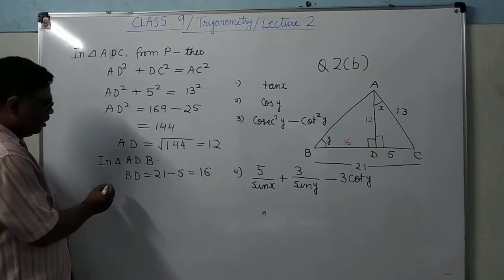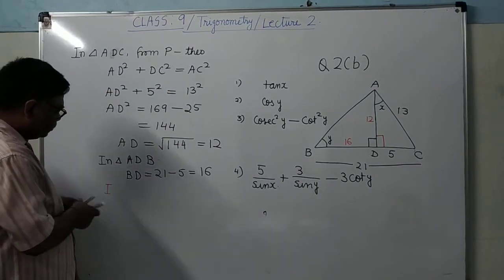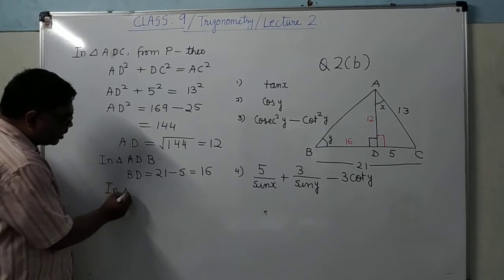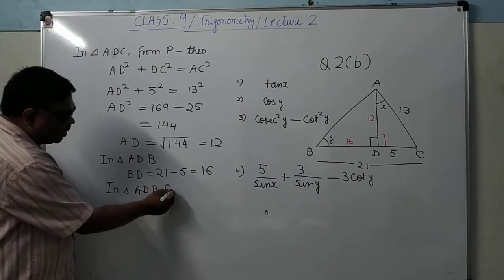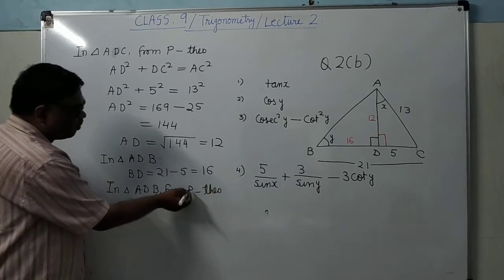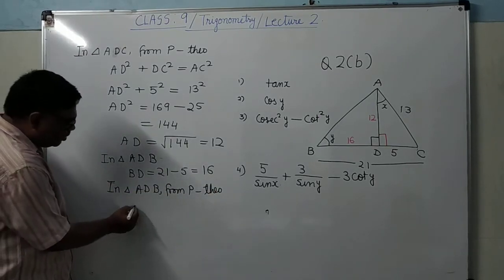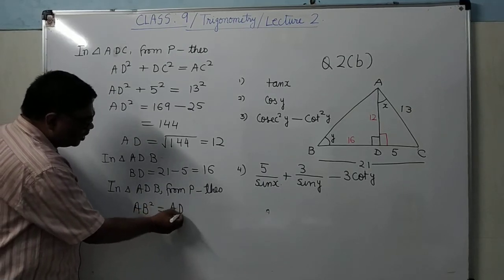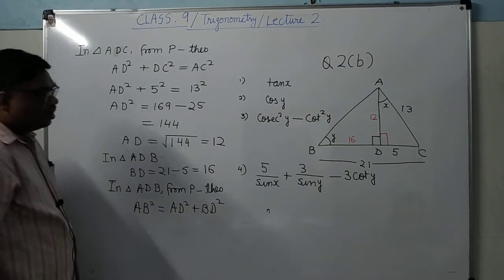So in triangle ADB, from the Pythagoras theorem, I am not writing it completely, only P I have written. So AB square equals AD square plus BD square.